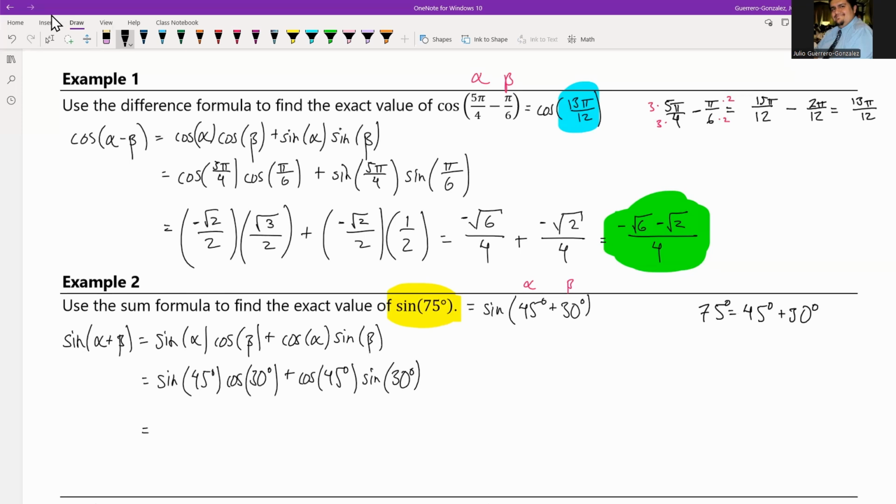Sine of 45, that is square root of 2 over 2. Cosine of 30 degrees is square root of 3 over 2, plus cosine of 45, that's root 2 over 2, sorry. Sine of 30 degrees, that is 1/2.